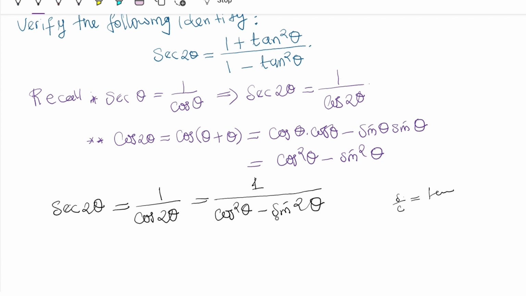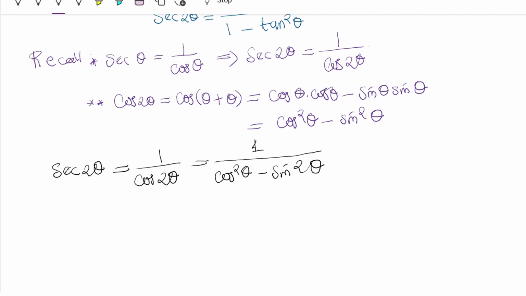You have a sine here, you have a cos here, so we can divide throughout by cos squared theta. Let us divide what is in the numerator by cos squared theta, and divide what is in the denominator by cos squared theta.